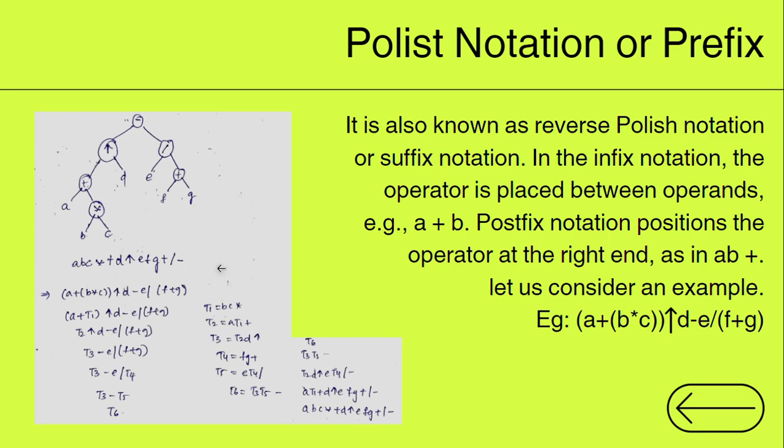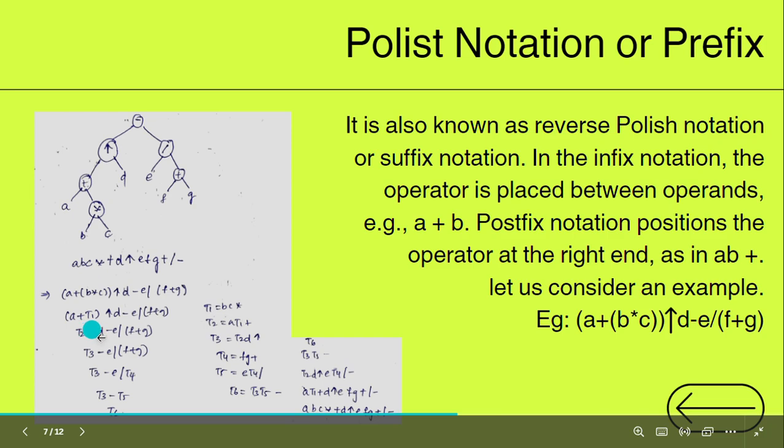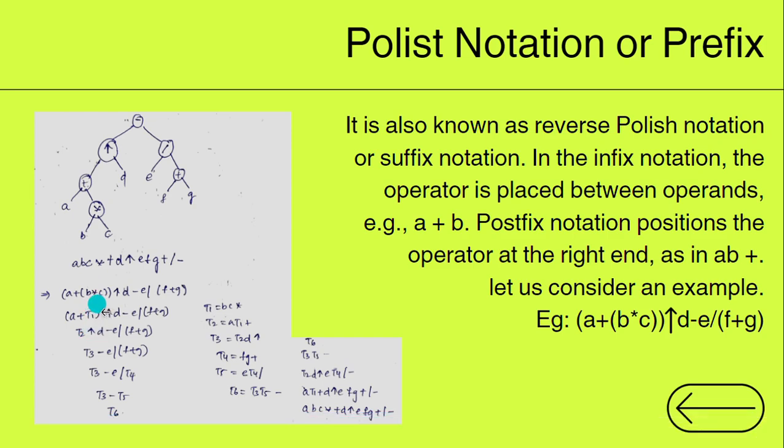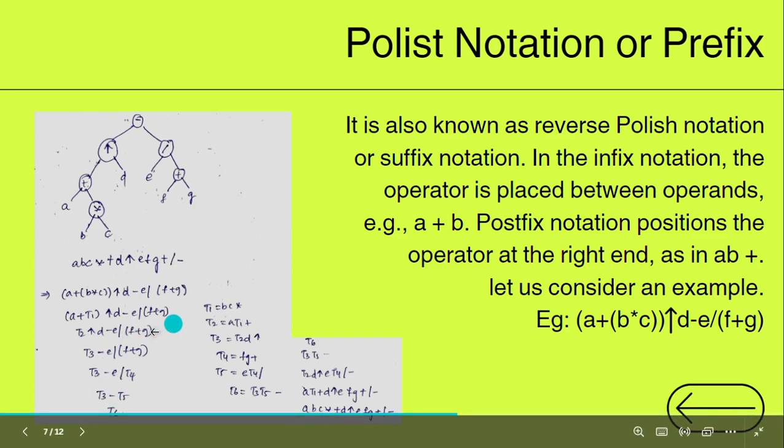And for that, we can also do a statement form. Let us take the statement A plus B into C cap D minus E by F plus G. We are reducing it from left to right.